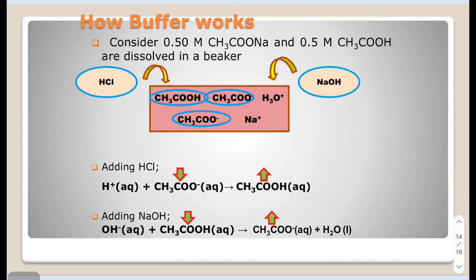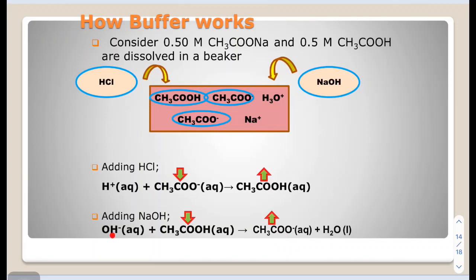And what if we add a base? When a base is added to a buffer system, the base will react with the acid in the system. The acid in the system is actually acetic acid. So sodium hydroxide, the base, is actually hydroxide ion that reacts with the acid in the system, which is CH3COOH, and it will produce acetate ion plus H2O.